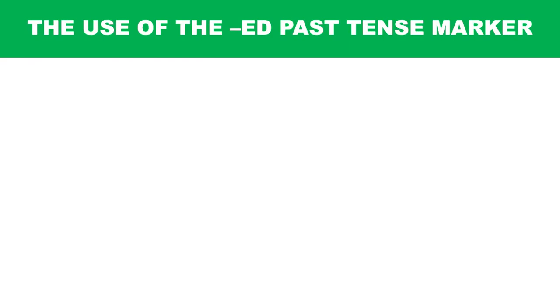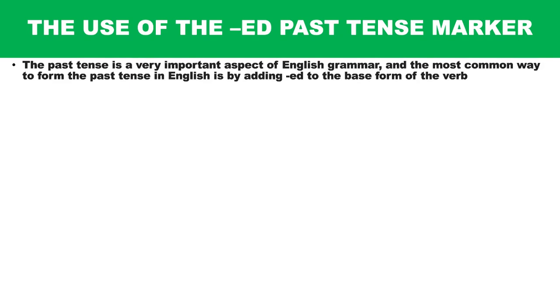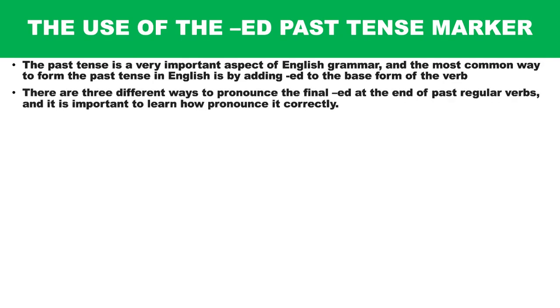Now, the use of the ED past tense marker. Let's look at it. The past tense is a very important aspect of English grammar, and the most common way to form the past tense in English is by adding ed to the base form of the verb.